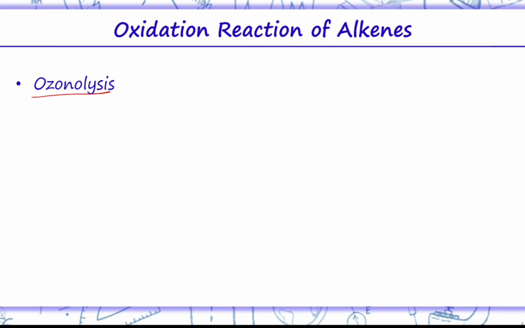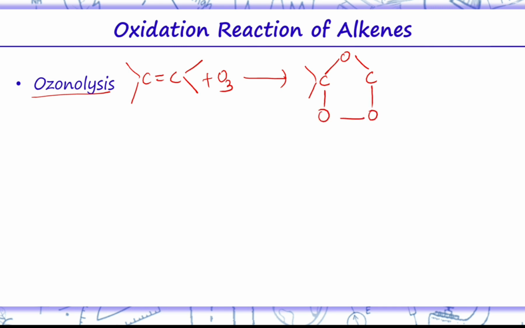This basically results in the cleavage of the carbon-carbon double bond. Therefore, this is known as reductive ozonolysis. Like we have this alkene, on ozonolysis, that is, on reaction with three atoms of oxygen, one oxygen will be attached over here, the other oxygen here.